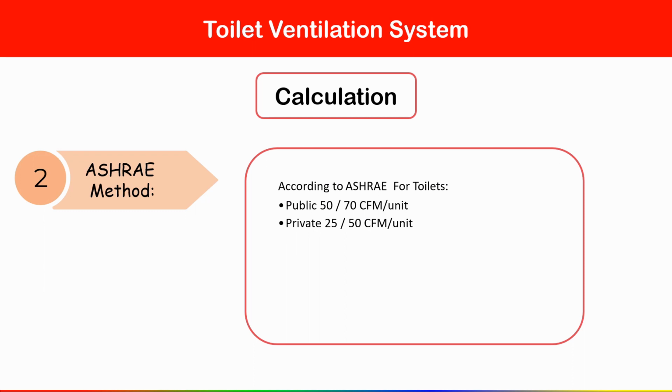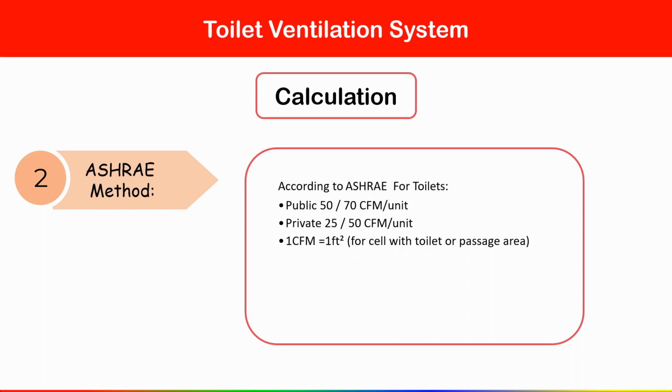The concept is the same: if your fan is running continuously, you have to exhaust 25 cfm, and if your fan is not running continuously, then you have to take 50 cfm for each toilet. Remember. Now suppose you are designing for a commercial toilet, in that generally we have a passage area also.